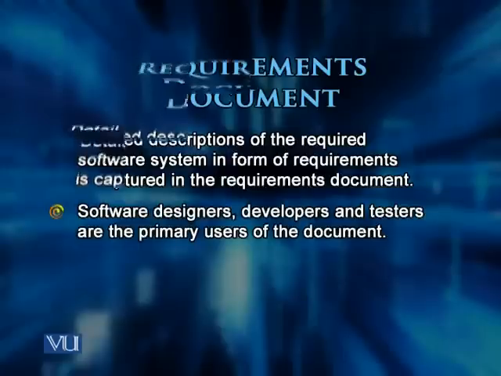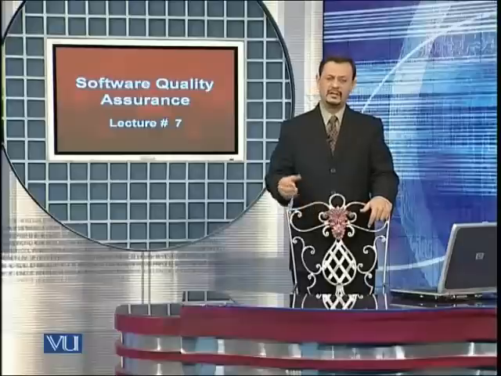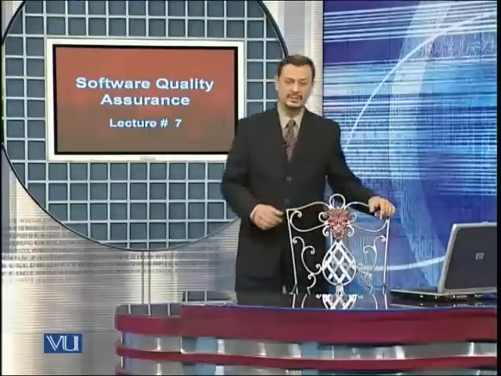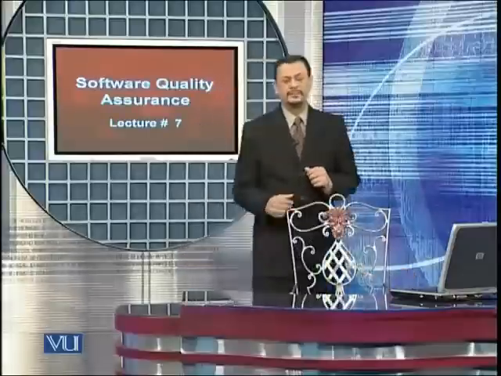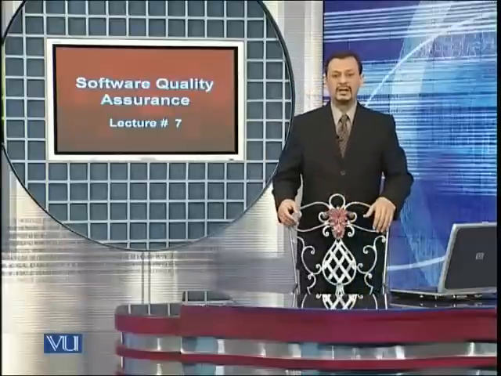However, the technical staff on the customer side also use a requirements document, and sometimes the requirements documents are used as the technical contract between the customer and the vendor.